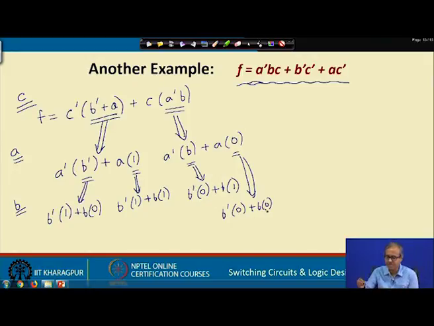So, now our BDD will look like this. We will be having the root node C at the top level, this will represent the function f. At the next level, we will be having A and A. This will be the negative edge 0 and this is the positive edge.